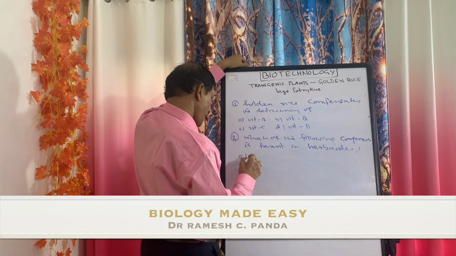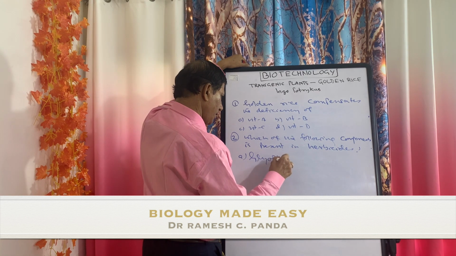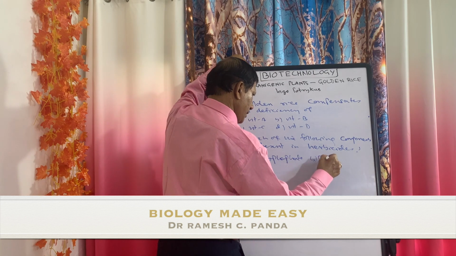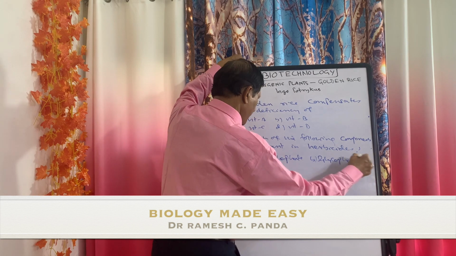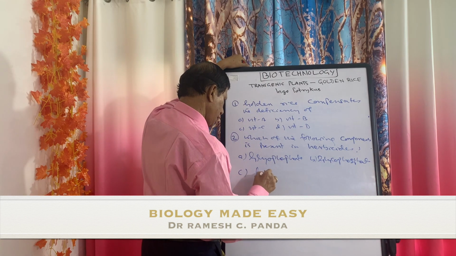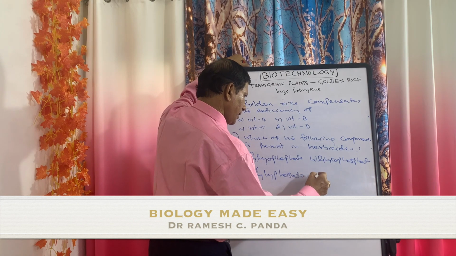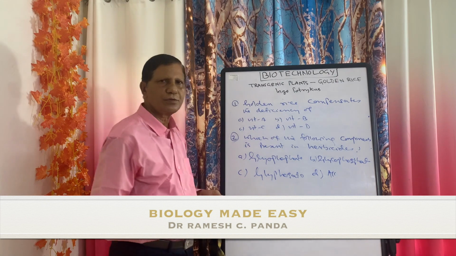A choice glyphosate, B choice glycophosphate, C choice glyphosate, D choice all are the major components.